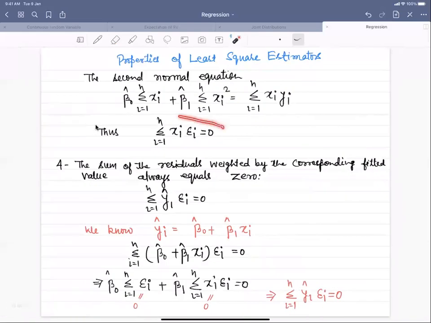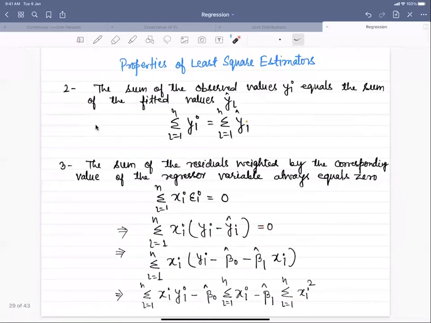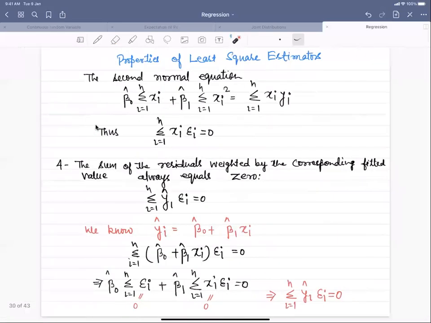So we proved that the sum of residuals weighted by the corresponding xi, the ith x multiplied with the ith residual and then summed, is equal to 0.